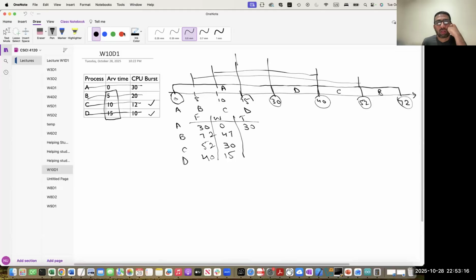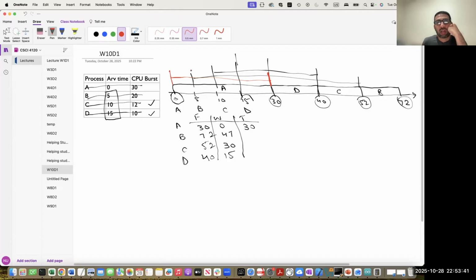So let me use a different color just to indicate that, because there are so many black lines. So the turnaround time for A is this one. It arrived at 0 and it completed at 30, right?